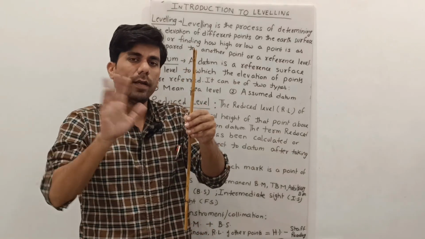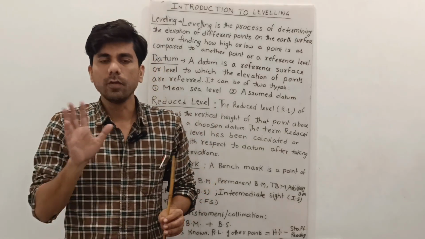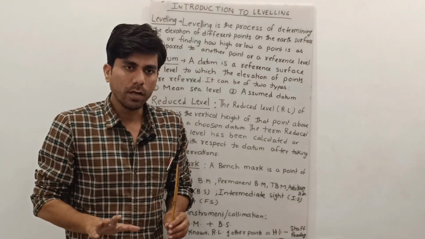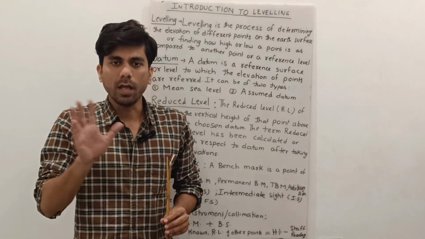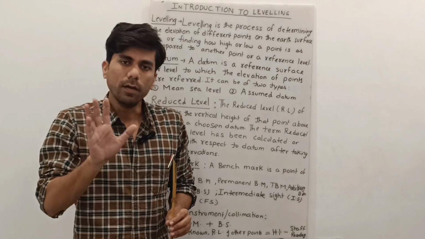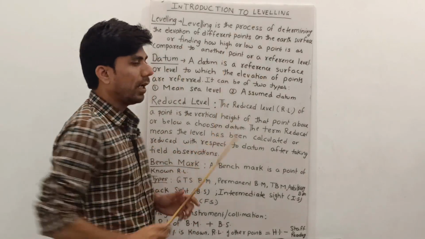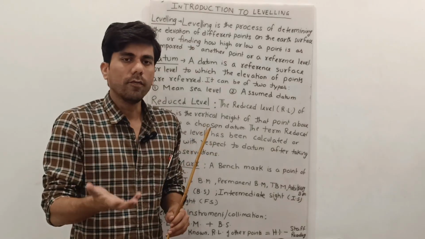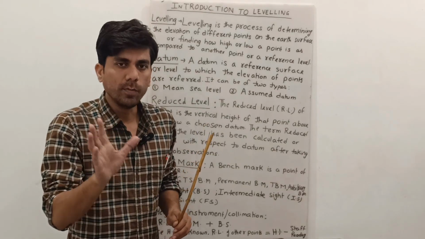So the height of any object or any point on, above or below the earth's surface can only be figured out when we figure out what our reference axis is. So the leveling process helps us in understanding the actual height of a point with respect to any assumed axis.